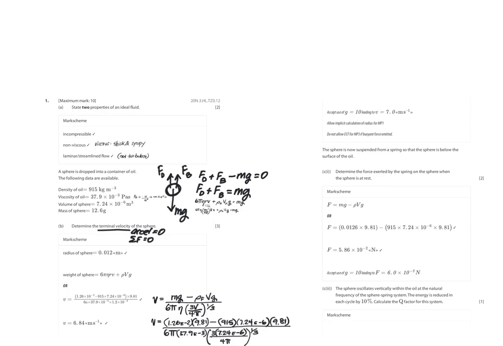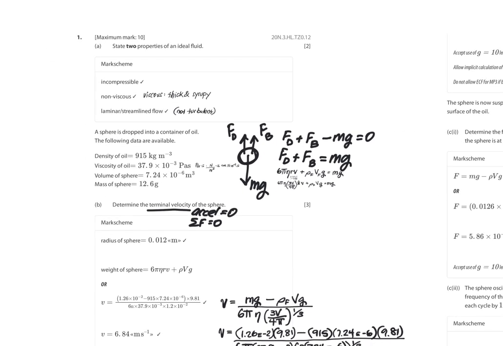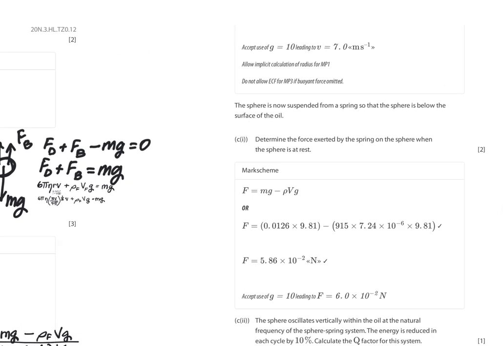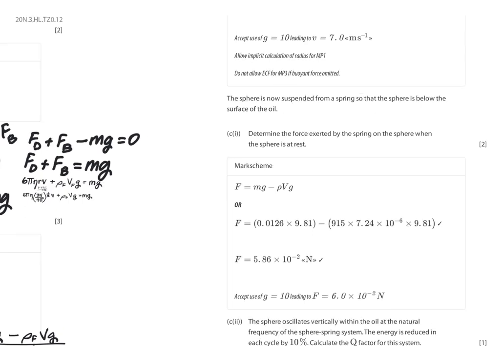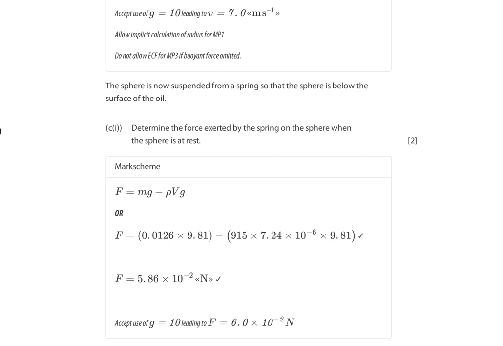It doesn't actually say the sphere falls, but the fact that you had to solve for a terminal velocity means that the sphere does not float in the oil. That's the point. Since it doesn't float, the buoyant force does not equal the weight, hence the spring. Now, what am I getting at?